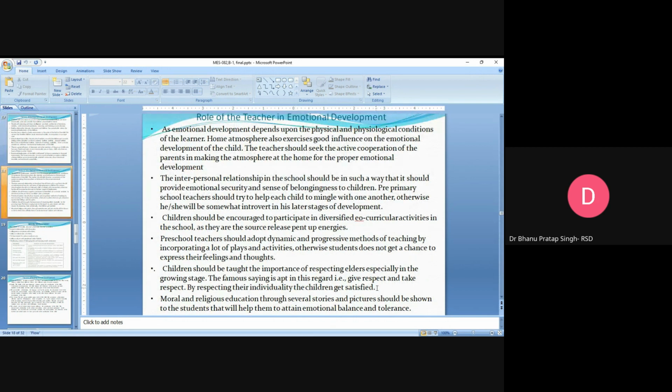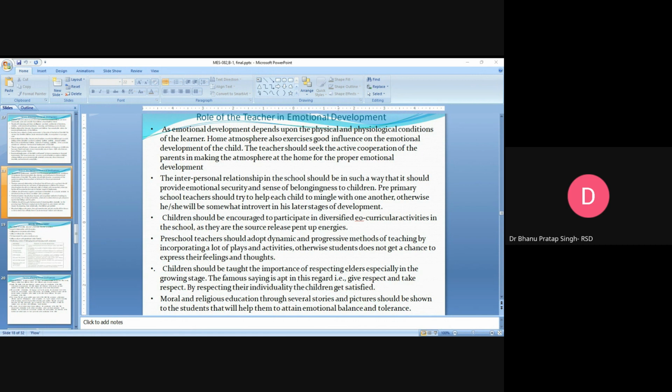Further, the role of the teacher. As far as emotional development, a teacher should be aware of the factors in emotional development.